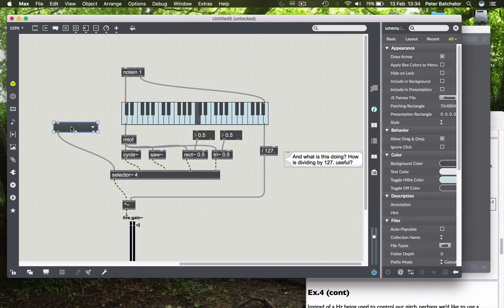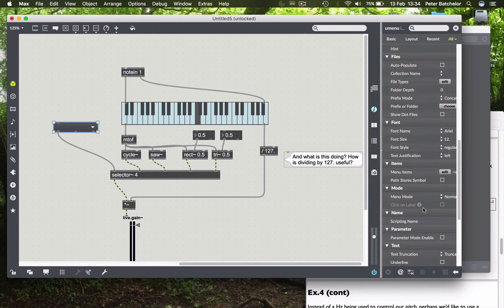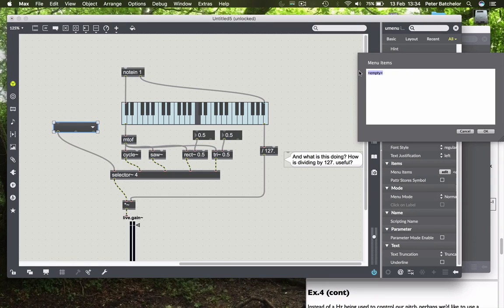It's not got anything in there at the moment, so there are no drop-down items. So we need to populate that using the menu items in the inspector window. So click on Edit, and we basically add items separated by commas. If I put in off, comma, then the first oscillator is a sine wave oscillator, and then the next one is a sawtooth oscillator.